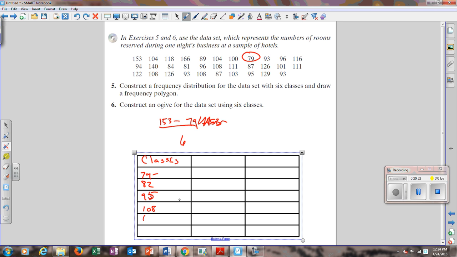Then for the next one, 118 plus 13 is 131.